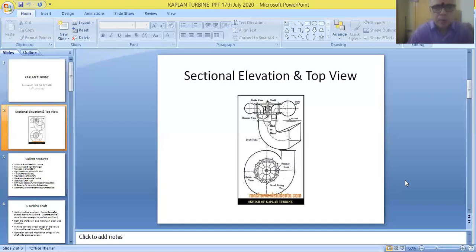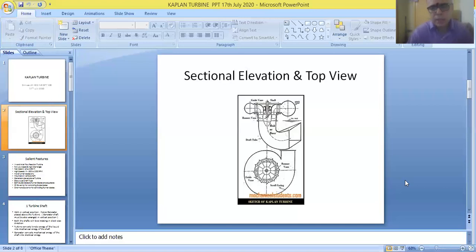And apart from that, the guide wheel is fixed in position. The guide blades are also fixed in position. But the blades can move about their centers. So therefore, additionally, these guide blades are used for controlling the quantity of water that is entering the runner.